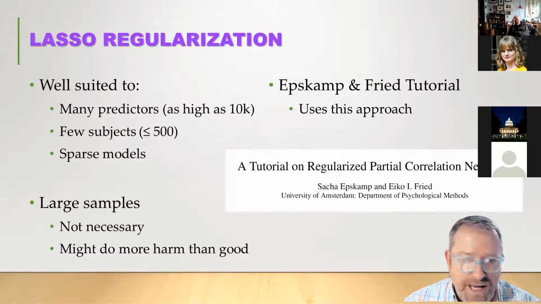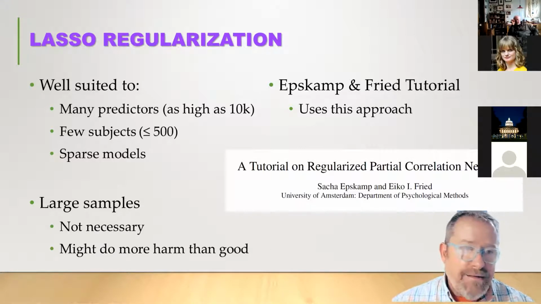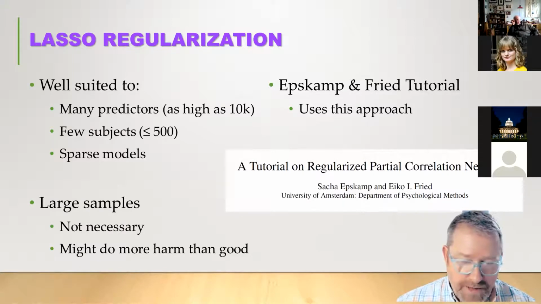The tutorial I gave you was on lasso regularization, and they do a nice job of explaining it and the different parameters you can set. Although when you go to do it, the R functions do a lot of that adjusting for you. You don't even have to worry about that.